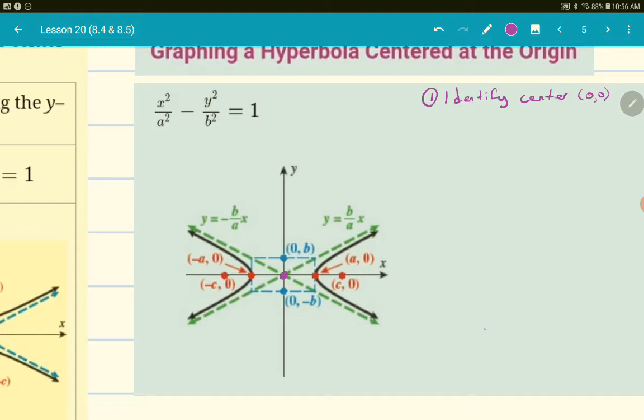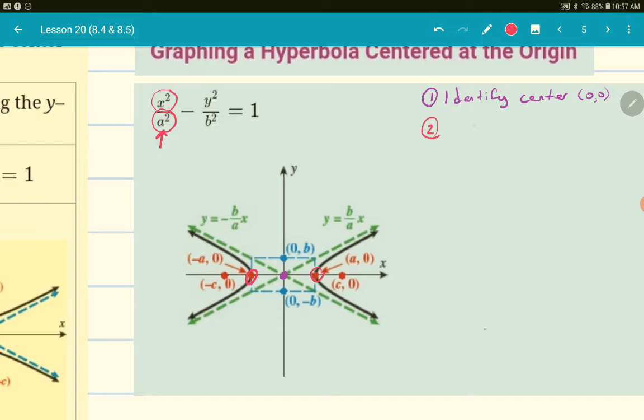And then once we have that origin, I want to look under it. I see that I'm going to go in the horizontal direction because the x is the leading term. And under my x, I have a squared. So a tells me where my vertices are. Right? From that center, I count forward a and backward a, and I plot these two vertices.